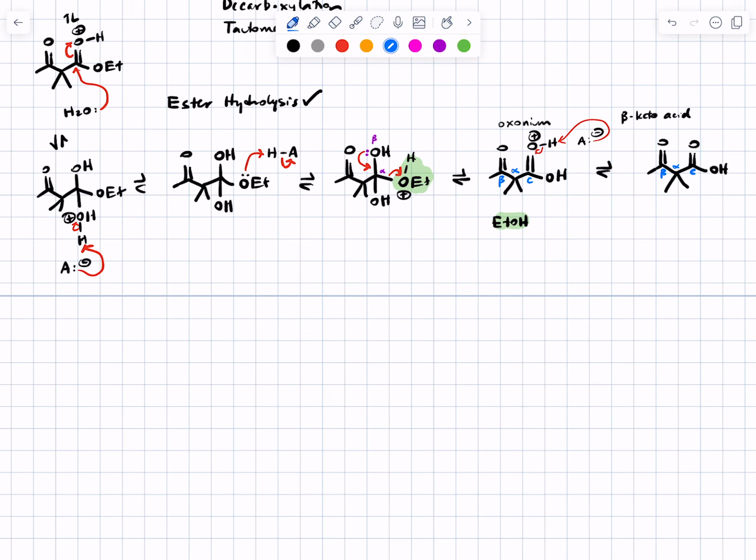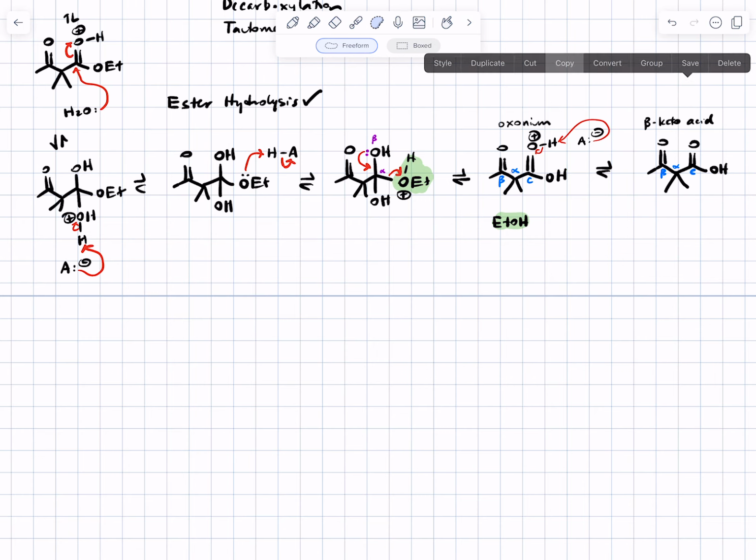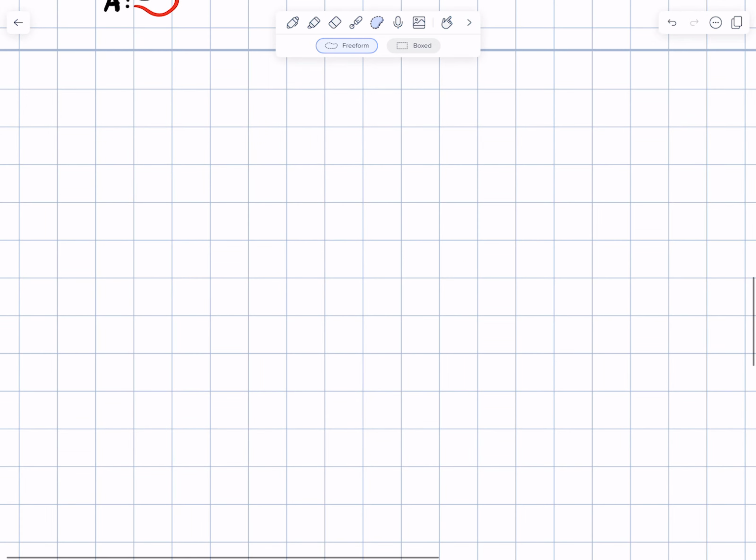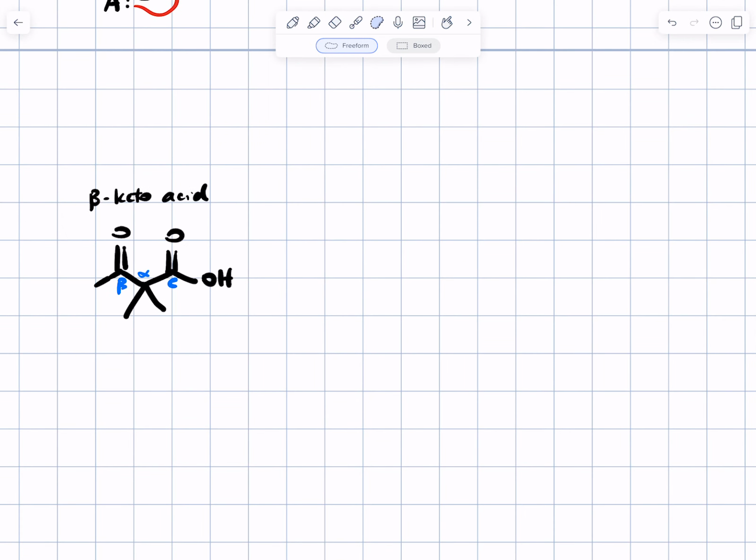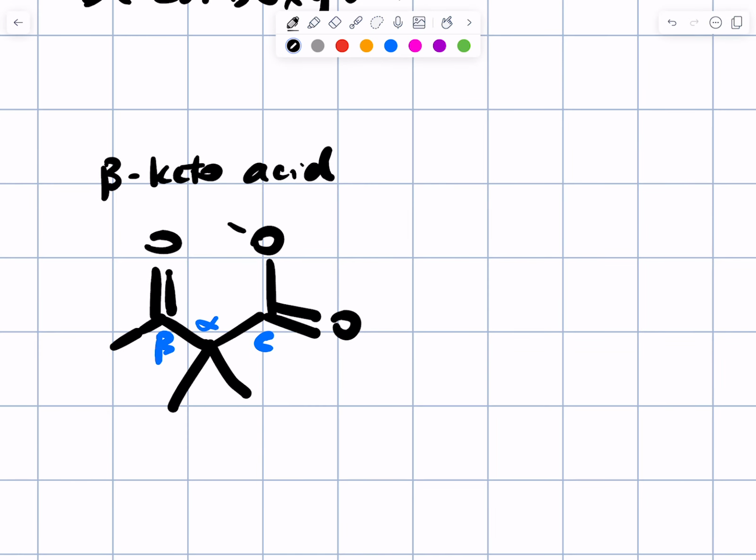Let's talk about the beta keto acid, and we'll redraw it. I'm going to draw it in a way that makes the decarboxylation reaction easier to draw arrows for. What we're going to do is actually just rotate around the bond between the alpha carbon and the carbonyl carbon such that the OH is here.